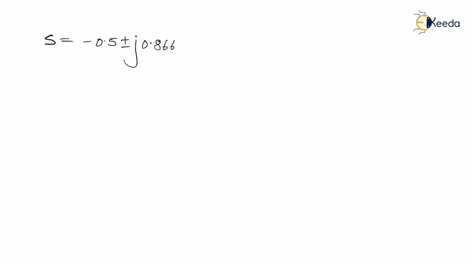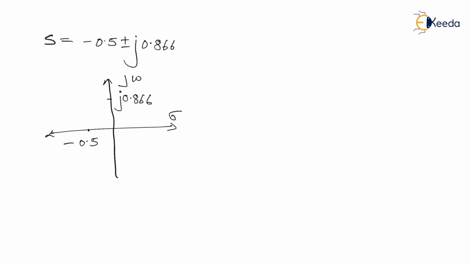So if I go for the S-plane, with sigma and j omega axes, this is my minus 0.5, this is plus j 0.866, this is minus j 0.866. So the pole locations are at minus 0.5 plus j 0.866 and minus 0.5 minus j 0.866.